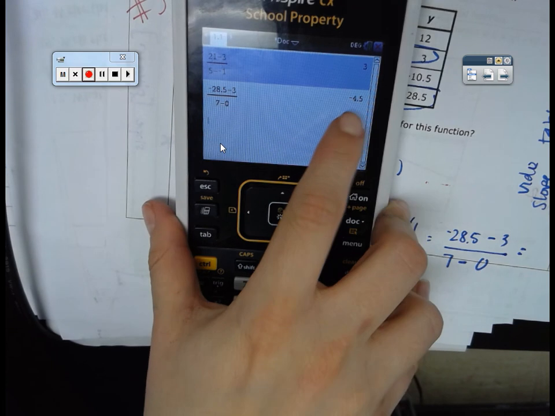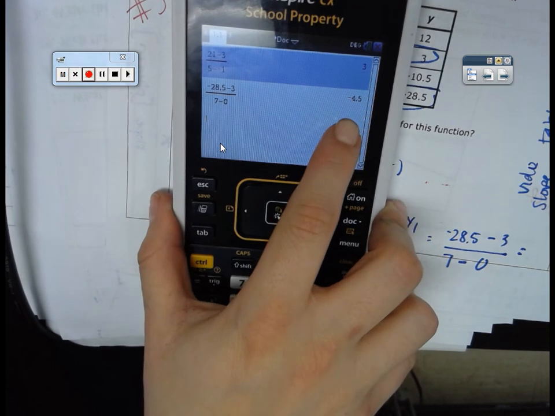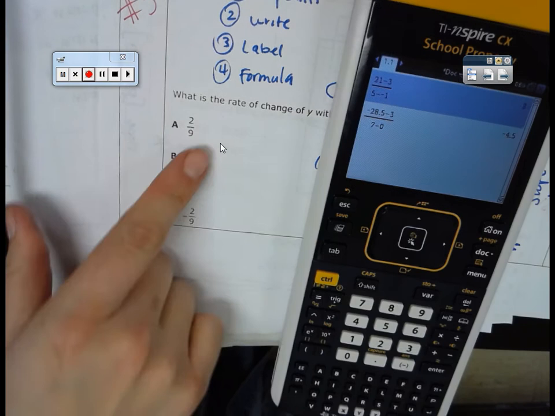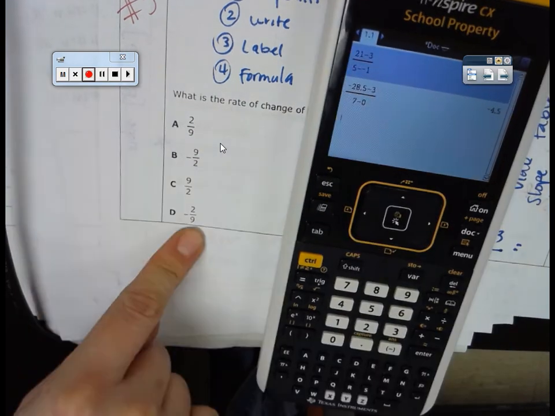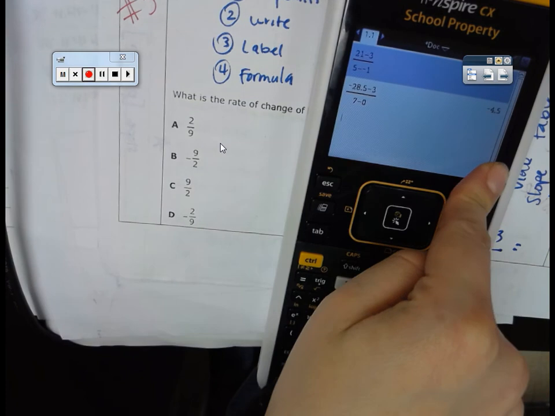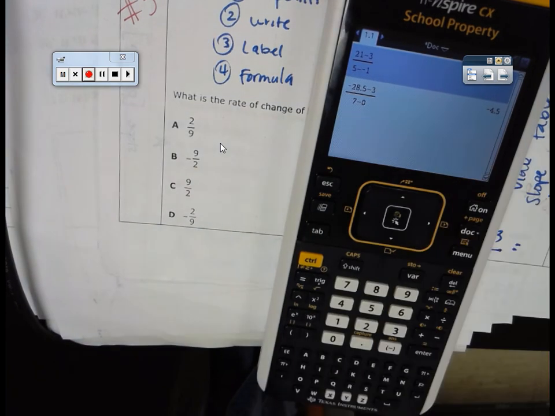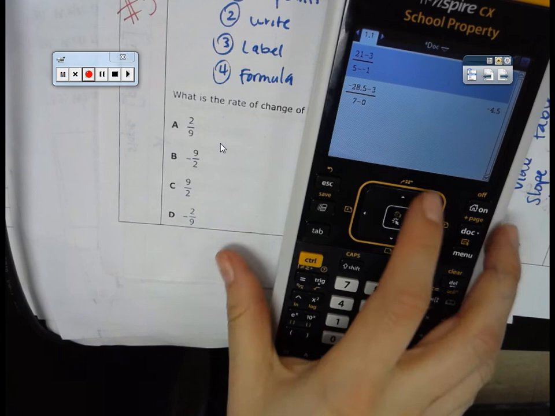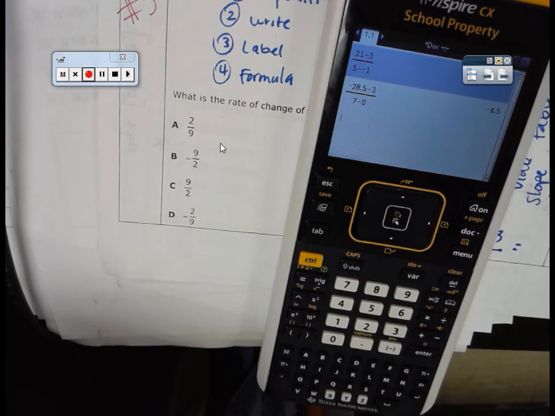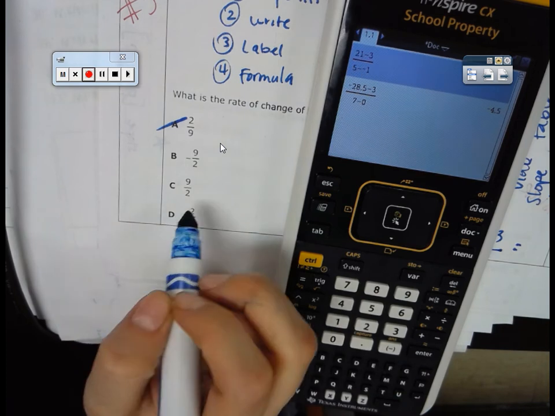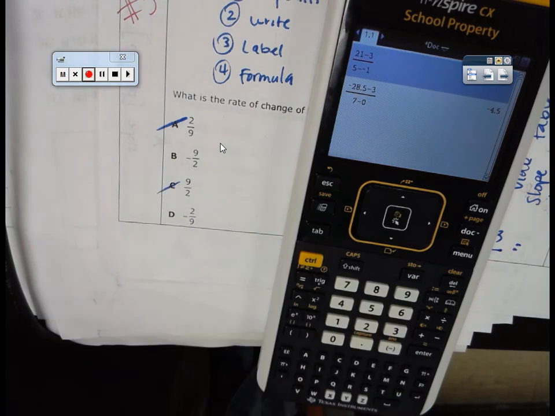Now, this gave me a fraction. Okay? But these are not fractions. So there's a couple ways you could do this. You could put this in the calculator to get a fraction. Or I could make this one into a fraction. Okay? I know it's negative, right? It says negative. So it cannot be this one, because that one's not negative. Cannot be this one, because this one is not negative.